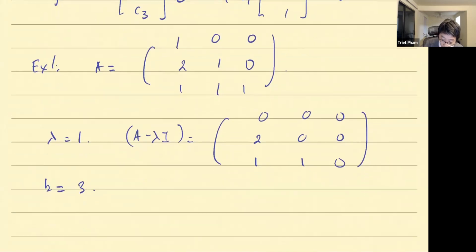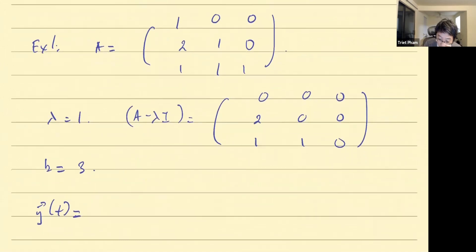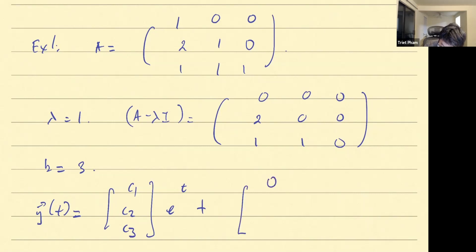So what is the solution then? Remember how before we had to find the pseudo eigenvectors, all this kind of mess, and figure out the C1, C2, etc. No need here. What is it then? C1, C2, C3, e to the t, and then what, right? Multiply 1 time. I have to be careful here. So the top is still 0.